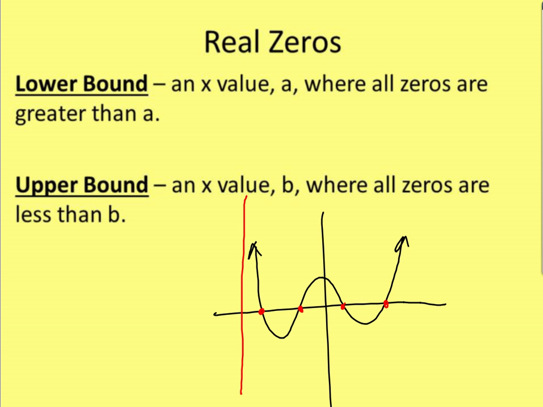A is going to be a value where we can guarantee all of our zeros are greater than that value. And B is going to be a value where we can guarantee all of our zeros are going to be less than that value.